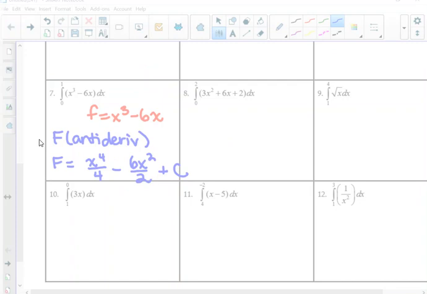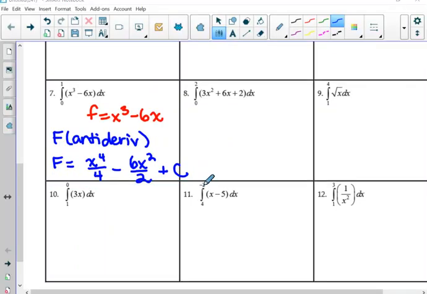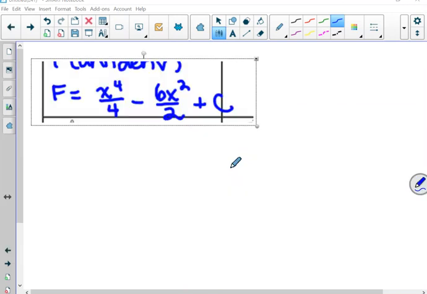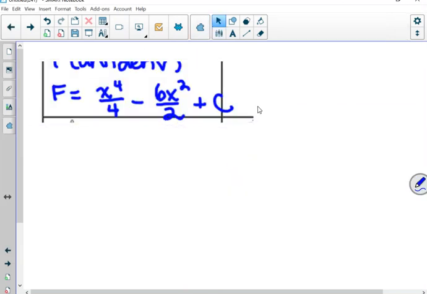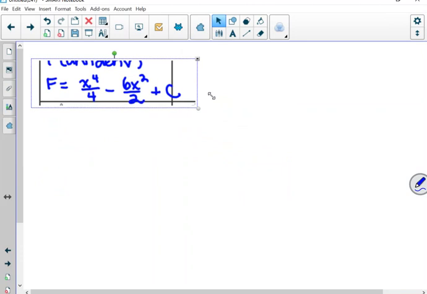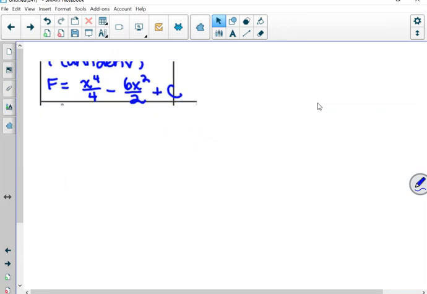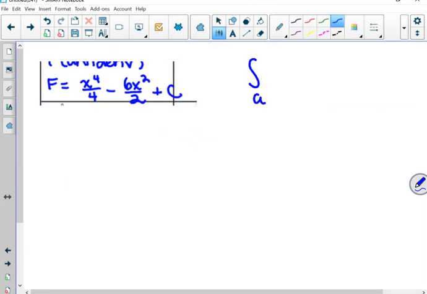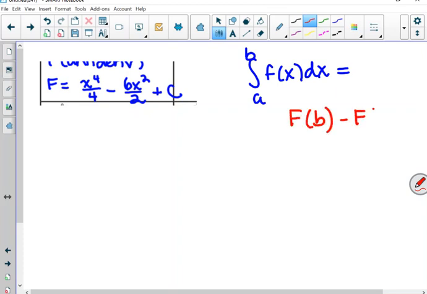All right, let me grab this guy. We have some more space. Okay. All right, so what do we do? The fundamental theorem says if you have the integral from a to b of f of x dx, that area is equal to big F of b minus big F of a, where big F is the antiderivative of little f.